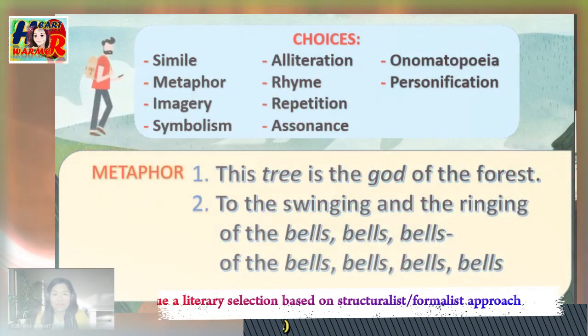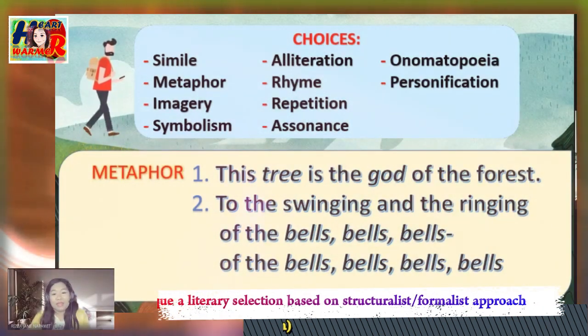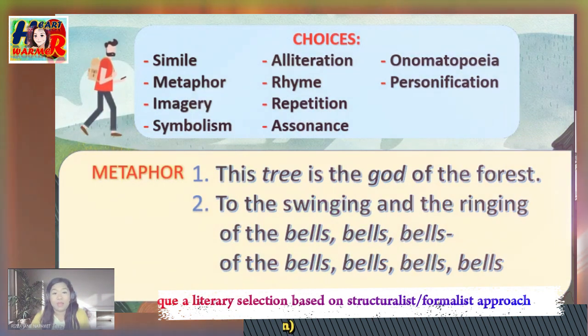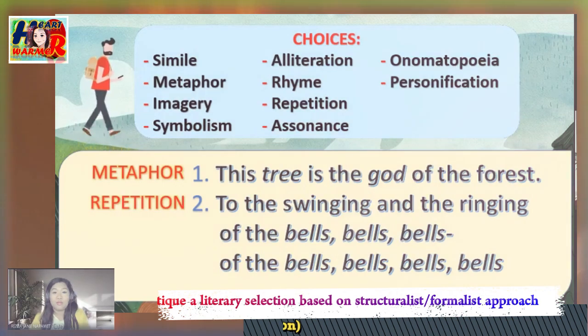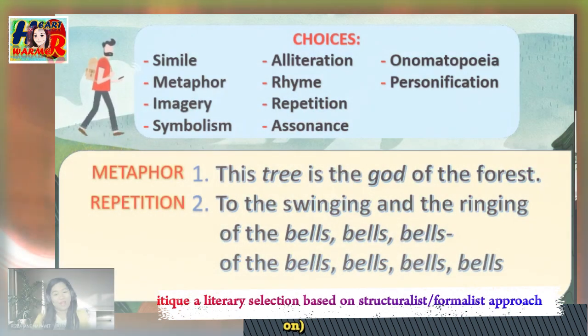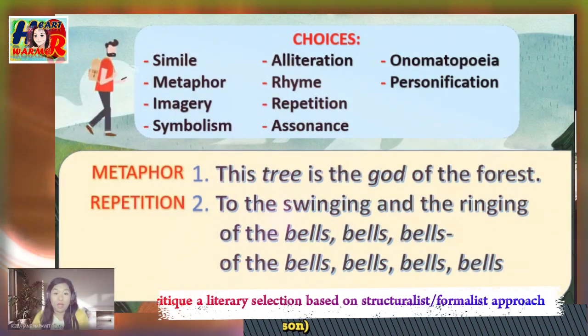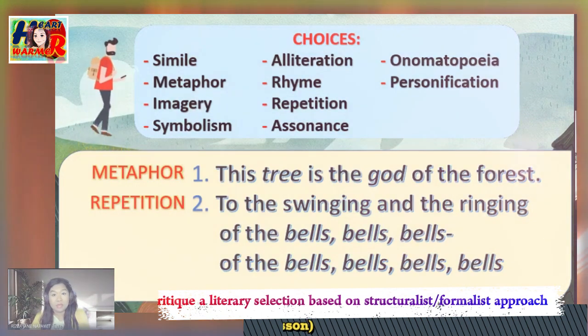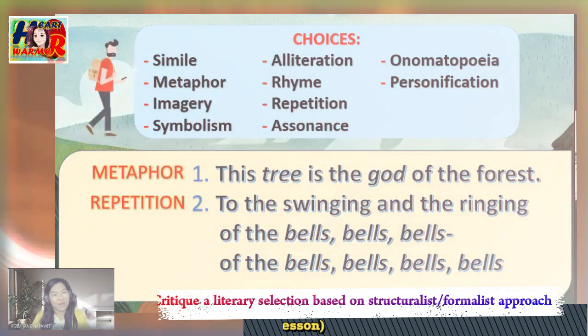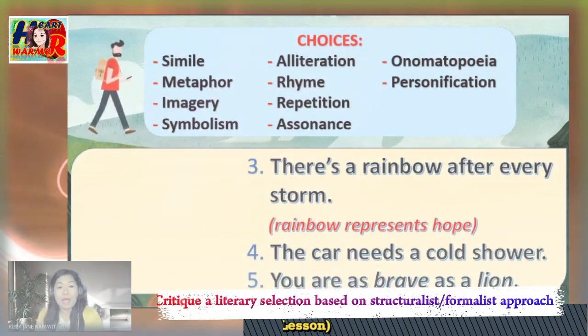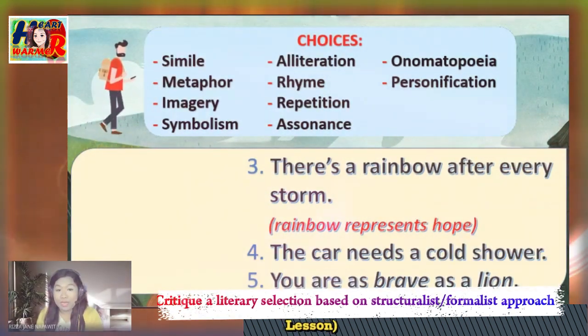So we could say that because the word is repeated, this is called repetition. All right? Are you now remembering the things that you've learned from the lower grade levels? I hope so.